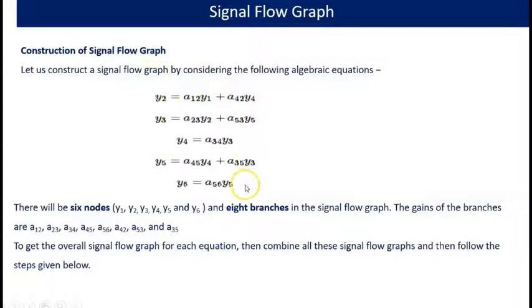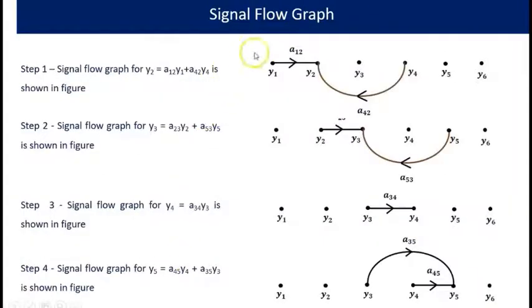If we are considering these 5 equations, there will be 6 nodes, that is y1 to y6, and 8 branches: 1, 2, 3, 4, 5, 6, 7, 8 branches are there, with gains a12, a42, etc. In order to get the overall signal flow graph, first we have to mark all the nodes, that is the variables y1, y2, y3, y4, y5 up to y6.